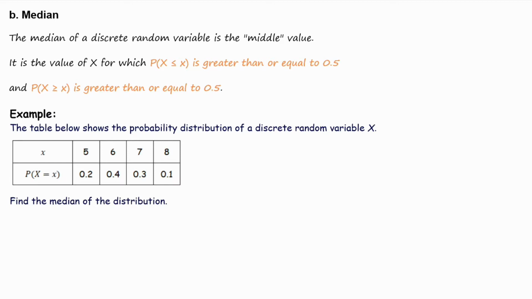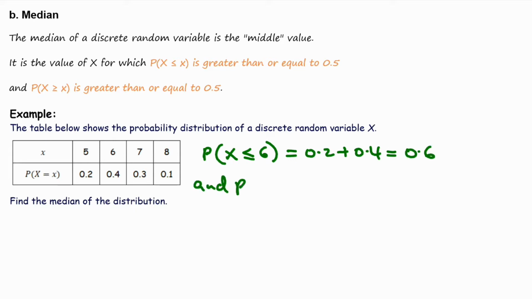Basically, in this problem, we can see, just by inspection, that the probability that x is less than or equal to 6 will be equal to 0.2 plus 0.4, which is 0.6, and the probability that x is greater than or equal to 6 will be equal to 0.4 plus 0.3 plus 0.1, which is 0.8.